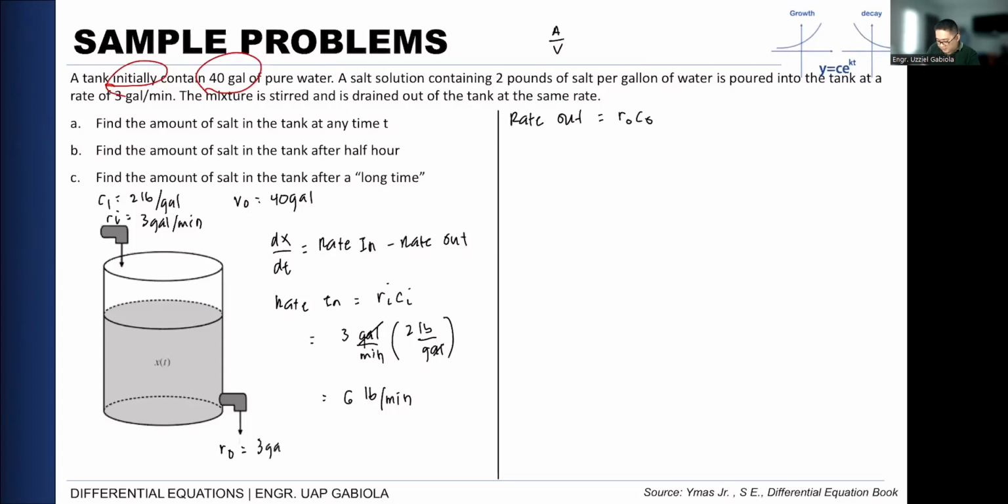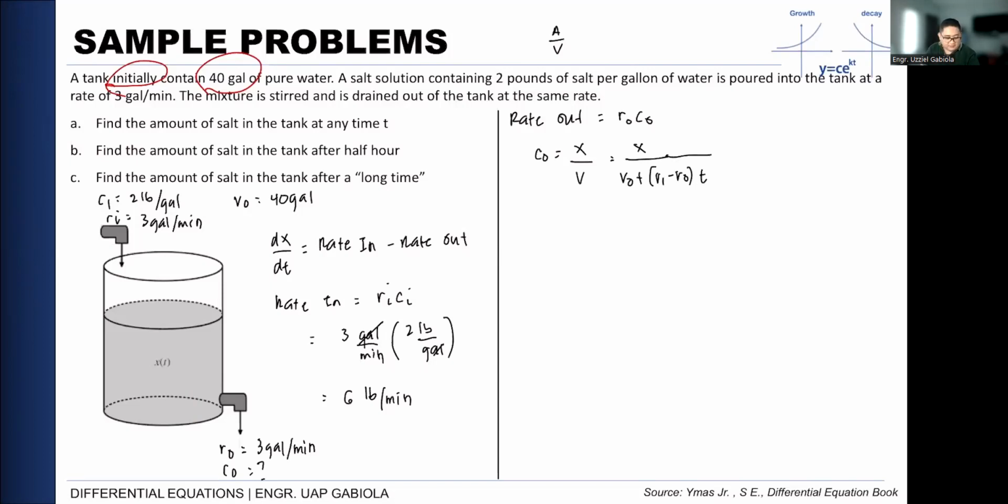So 3 gallons per minute. So anong magiging value ng Co? Hindi natin pa alam, ano? So gamitin natin yung formula for Co as x over V, wherein x over V sub o plus Ri minus Ro t.